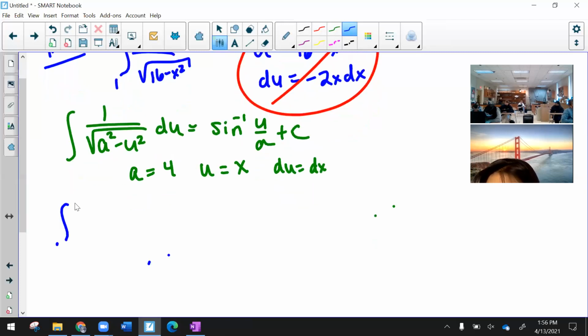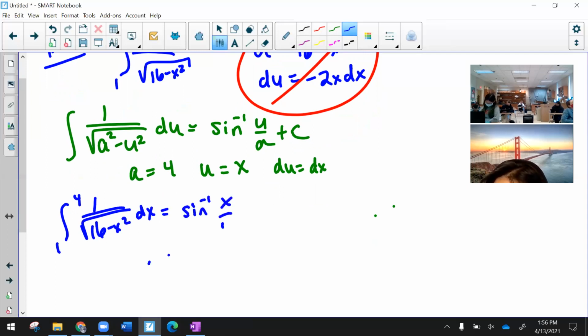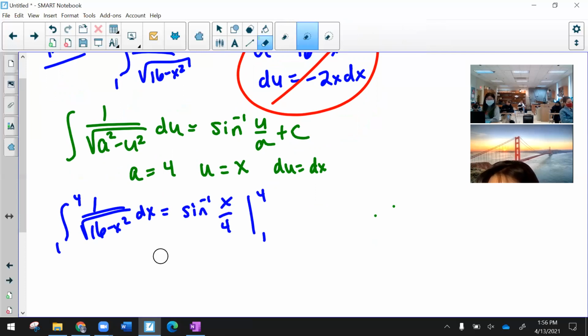So my integral from 1 to 4 of 1 over the square root of 16 minus x squared dx is going to be equal to the inverse sine of x over 4, with the added complication that I need to evaluate this from 1 to 4.